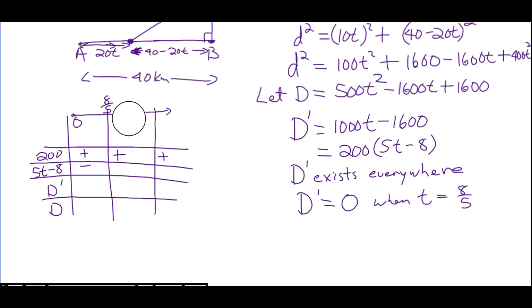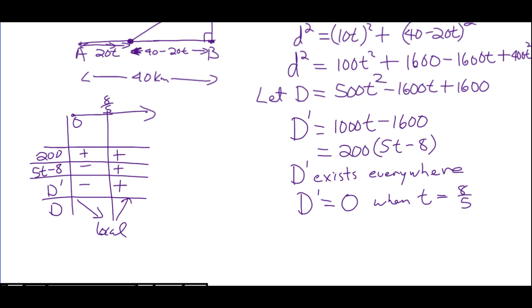Why am I drawing the line there? Positive there. D prime is negative, and then positive. So we have decreasing and increasing, giving us a local min at that point, right, at 8/5.